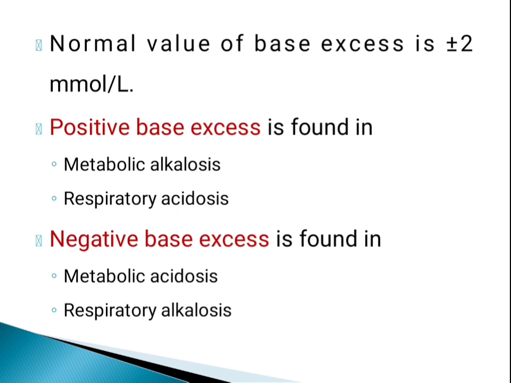Why in respiratory acidosis? Because of the compensating mechanism. In respiratory acidosis, the partial pressure of carbon dioxide is high. To compensate for it, the bicarbonate level needs to be high, and we get positive base excess. On the other hand, negative base excess we will find in metabolic acidosis. It is due to the compensation mechanism in respiratory alkalosis.